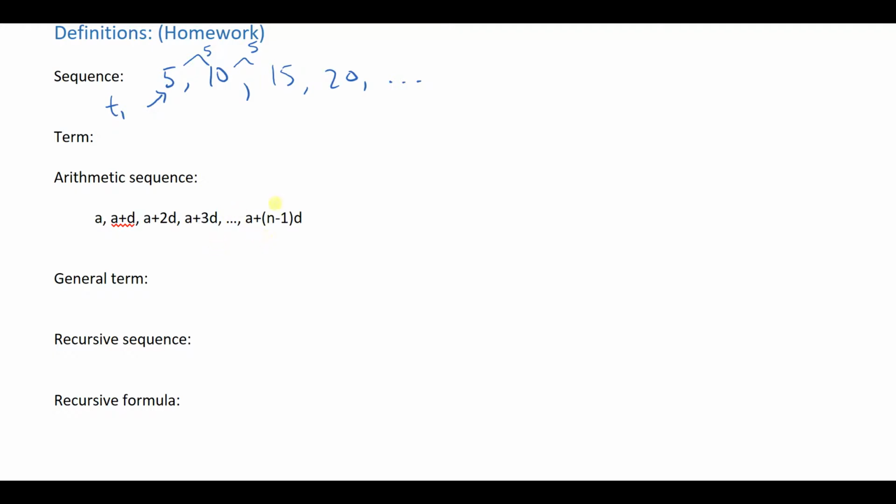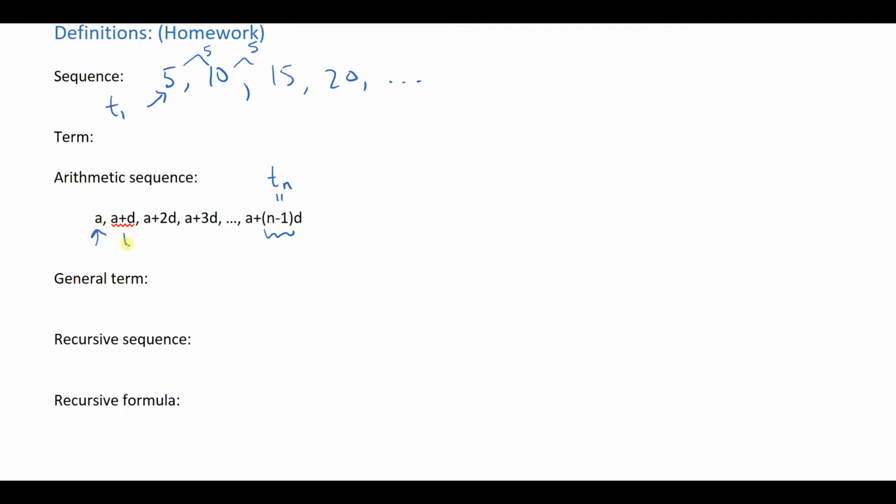Eventually, if we have n t-shirts that we're buying, we could create an equation, and it would be the initial amount plus n minus 1 times 5. So every time I'm adding $5 to that initial one. Notice that it's not n, because the first number didn't have a difference added to it.